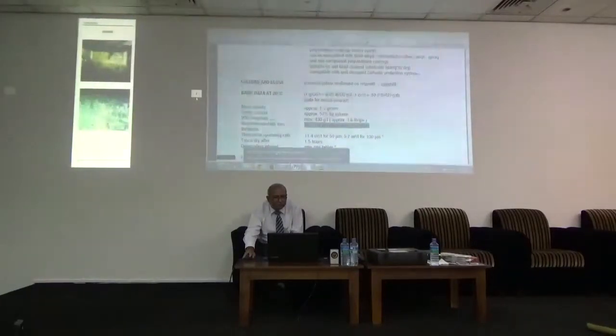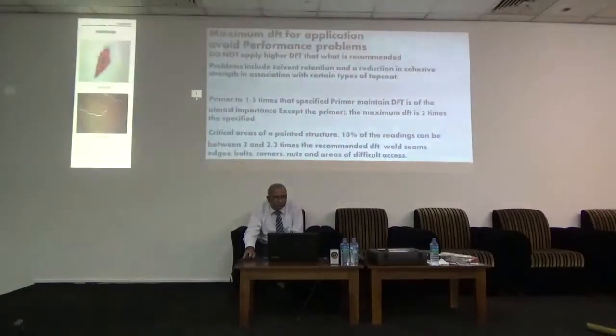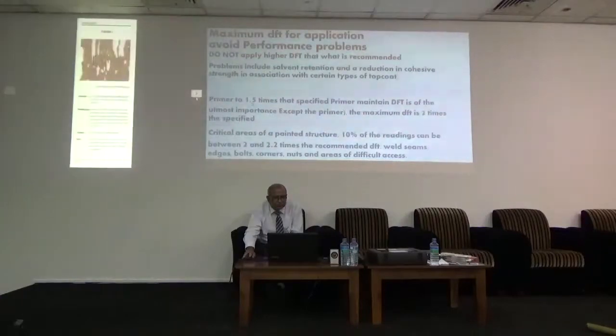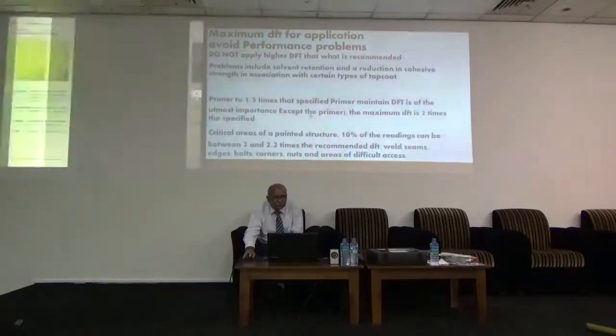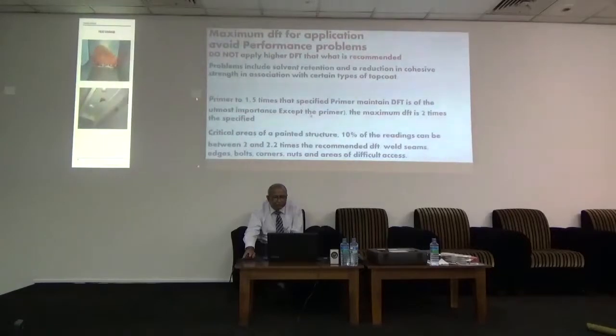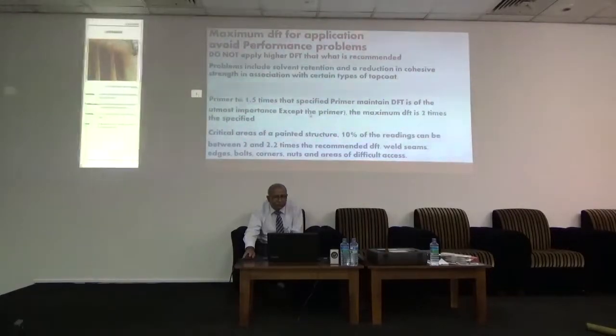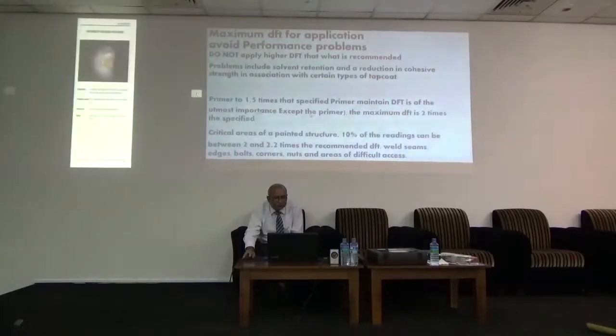That's why we say here, primer, 1.5 times specified DFT, not to exceed 1.5. When the paint manufacturers do their formulations and say 100 microns, you still can go a little higher.